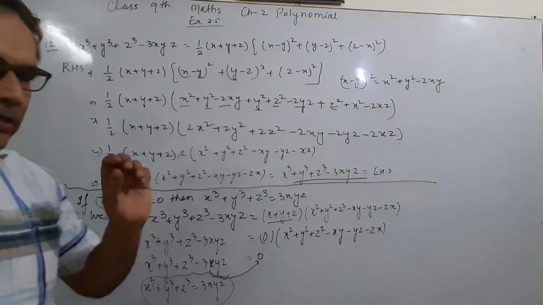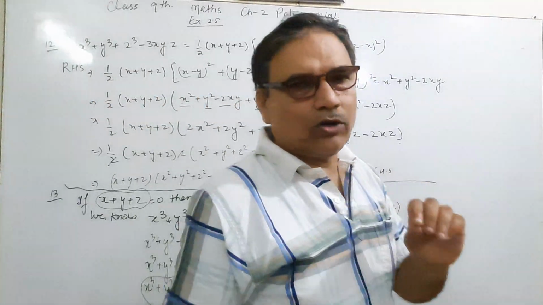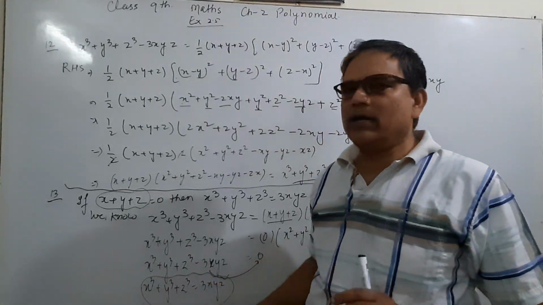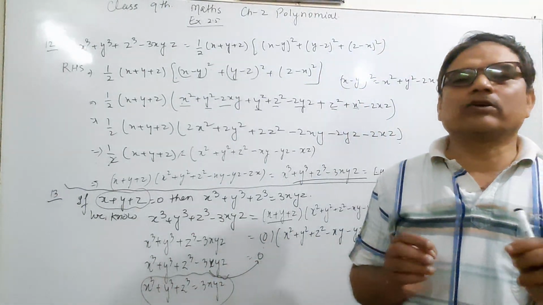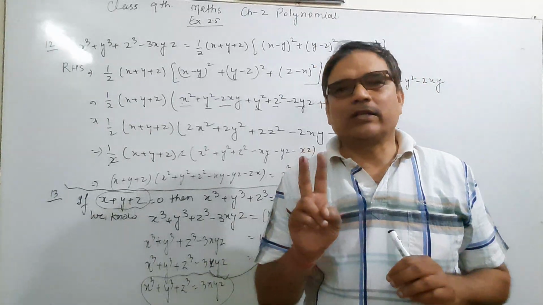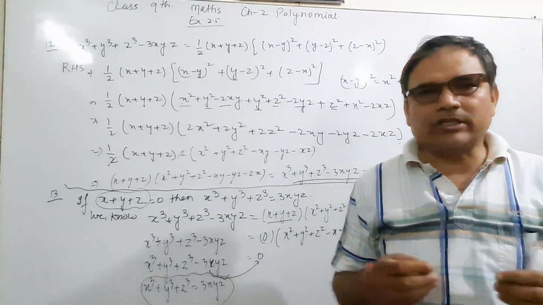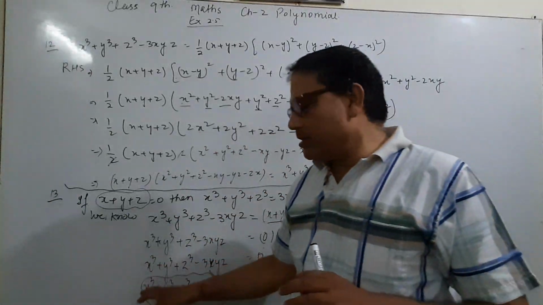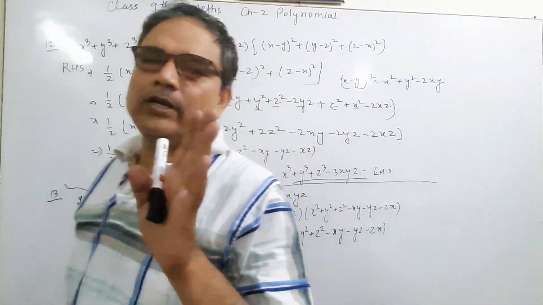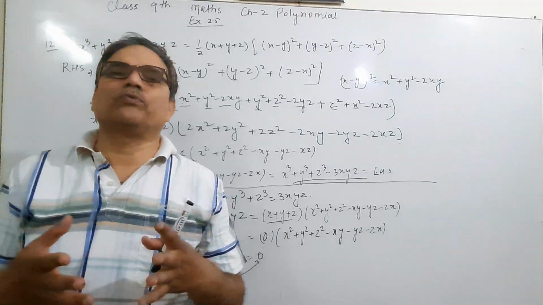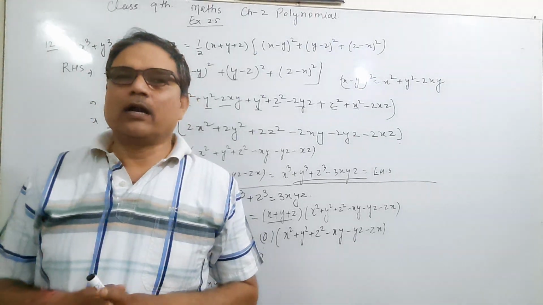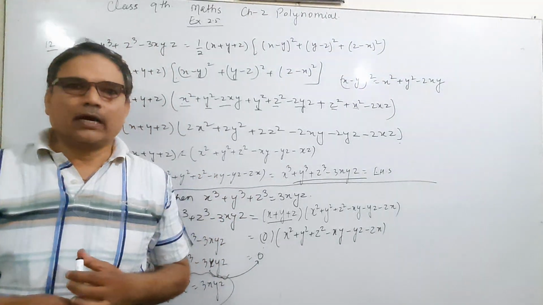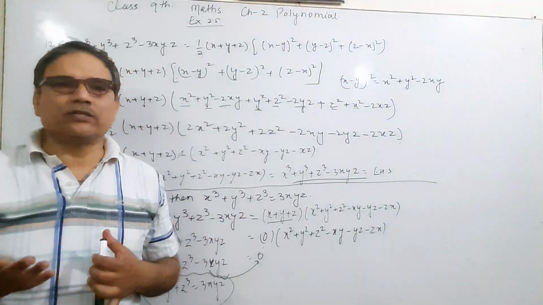It means when the sum of three numbers is equal to 0, then without finding their cubes we can find the sum of the cubes of three numbers. When the three numbers are multiplied to each other and their product is multiplied by 3, we can easily find the sum of cubes of three numbers without cubing them. Is it clear? And in this exercise, only one or two questions are left and we will solve them in the next class.